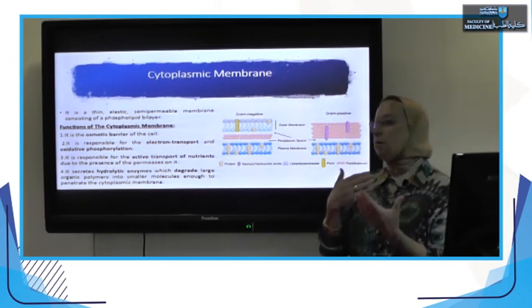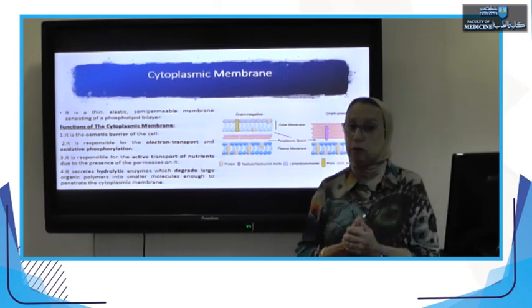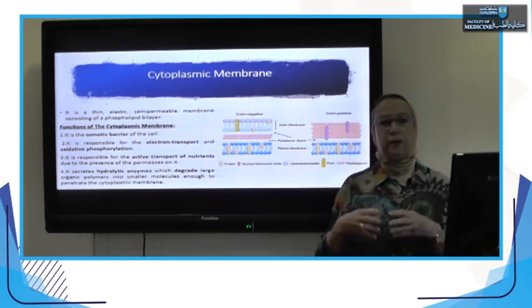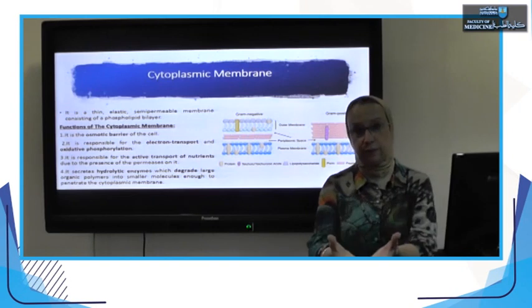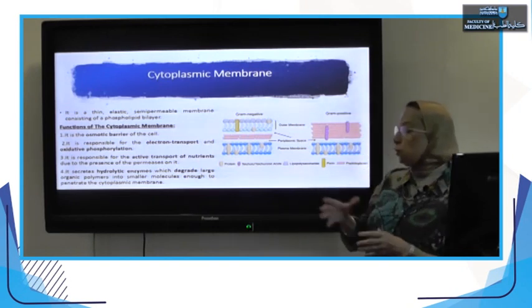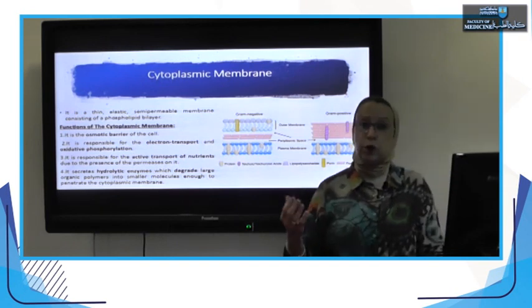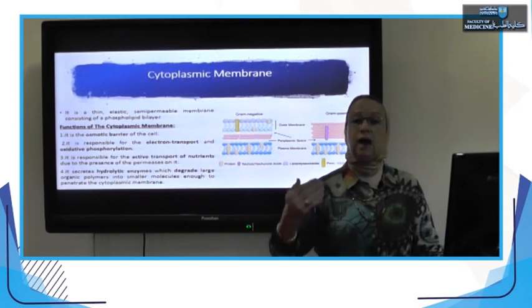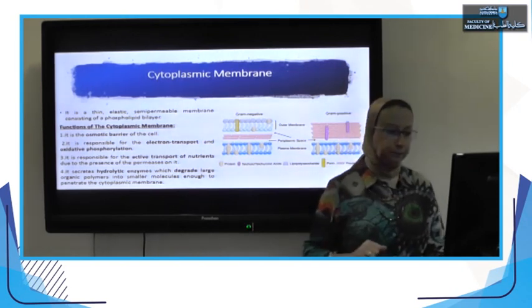It has pores that allow the passage of molecules inside and outside the bacterial cell: nutrients going inside, and waste products going outside. It also has enzymes like permeases, which help the entrance of molecules into the bacterial cell.